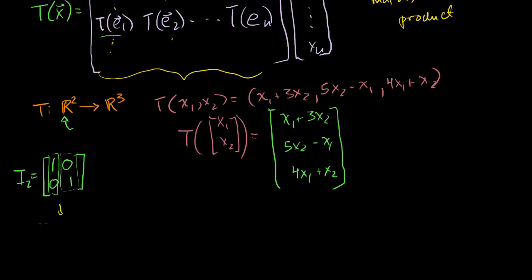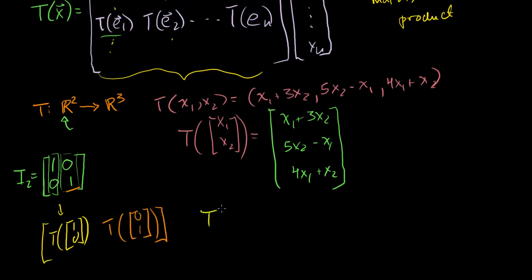I'm going to write it like this: T of the first column, and then the second column is going to be T of 0, 1. And I know my handwriting is getting messier.